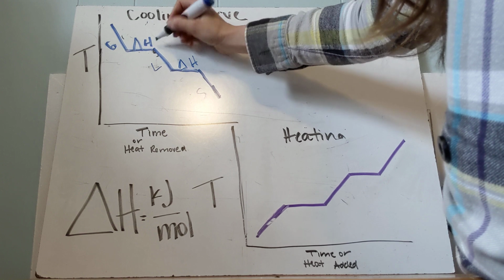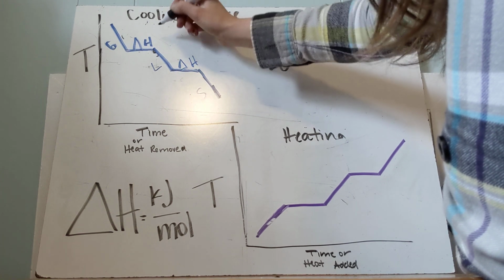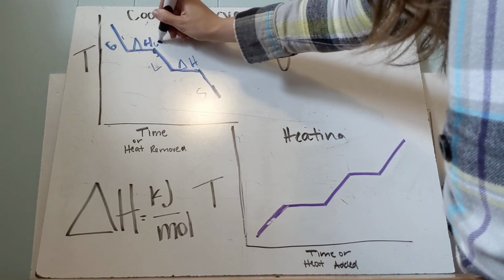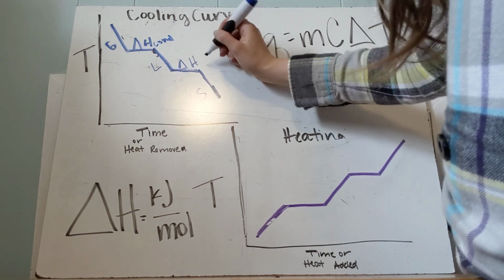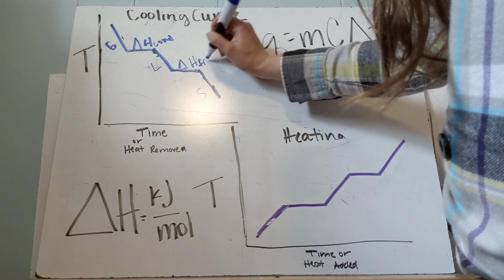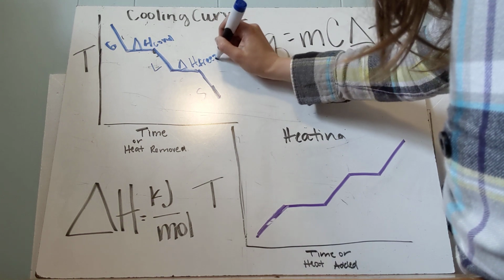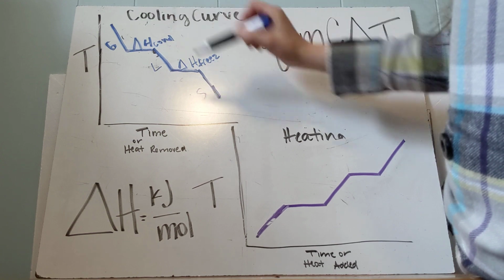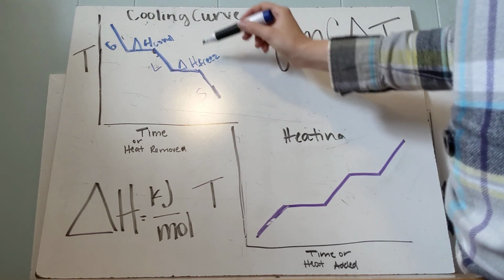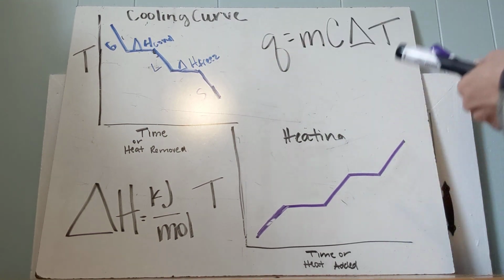So this would be delta H of condensation. This would be our delta H of freezing. Delta H of condensation because it's going from a gas to a liquid. This would be delta H of freezing because it's going from a liquid to a solid.